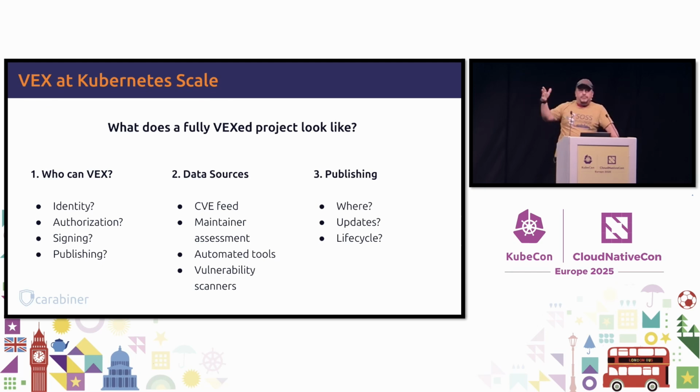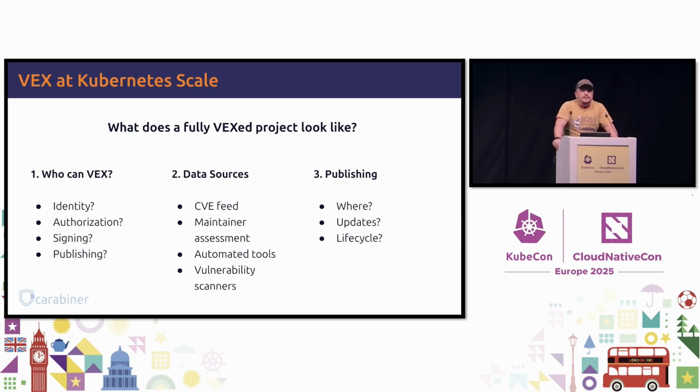We'll see in a little bit how we're structuring the feed, because there are many sources where VEX data can originate, such as our own CVE feed, but also the maintainer assessments, output from tools, and other sources may be possible as well. And then finally, the whole publishing. How do I publish? Where do I put them? How do I manage the lifecycle and all of that?